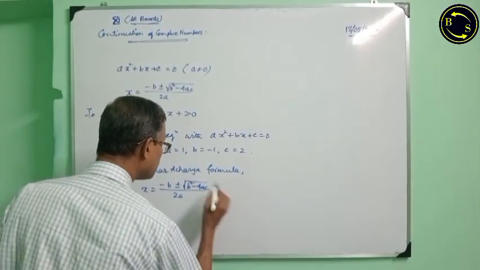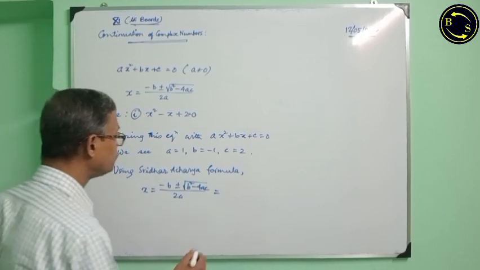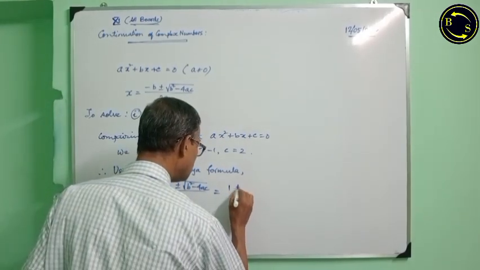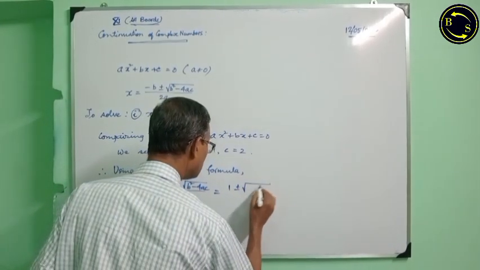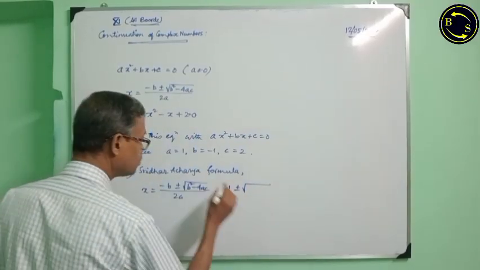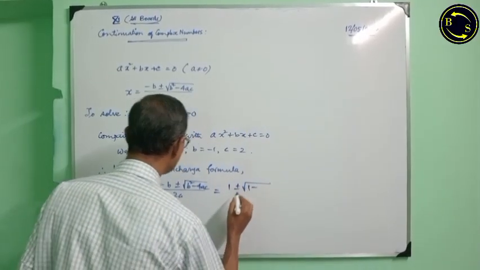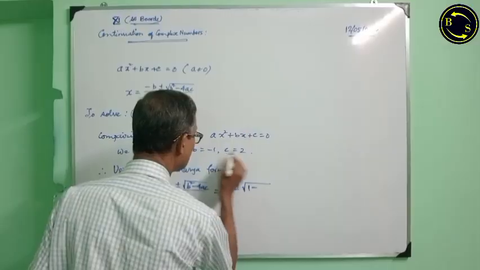Now we put the values of a, b, c. b square means 1 minus 4 into 1 into 2.